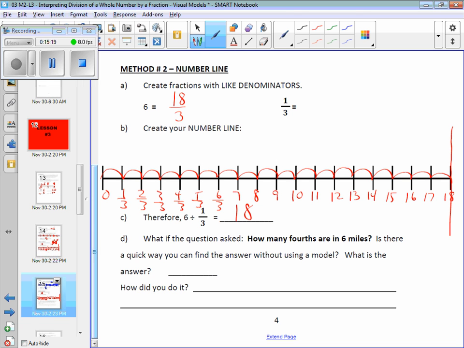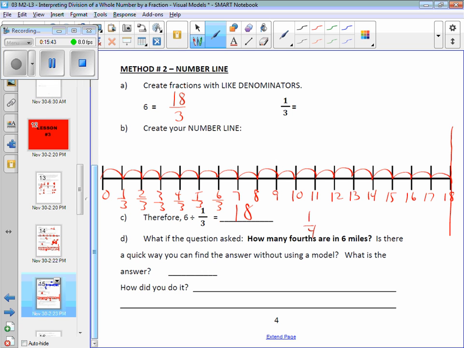Then we get to the shortcut. What if they ask you, how many fourths are in 6 miles? Is there a quick way you can find the answer without using the model? And we have about 3/4 of the class with their hands up because they know it.